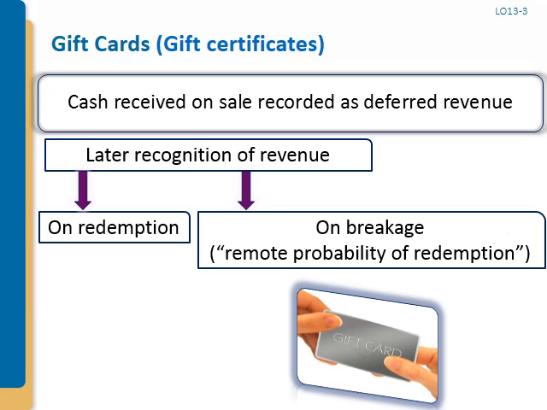The amounts involved can be significant. For example, Best Buy's 2014 annual report lists a $406 million liability for unredeemed gift cards and $53 million of income from gift card breakage. Liabilities for deferred revenue associated with gift cards are classified as current or long-term depending on when the obligation is expected to be satisfied.